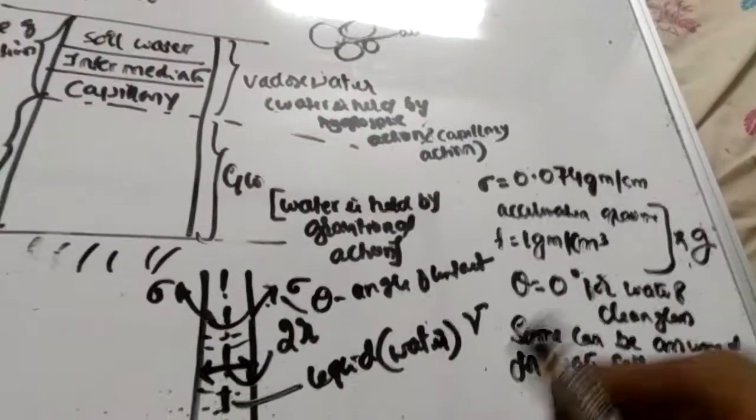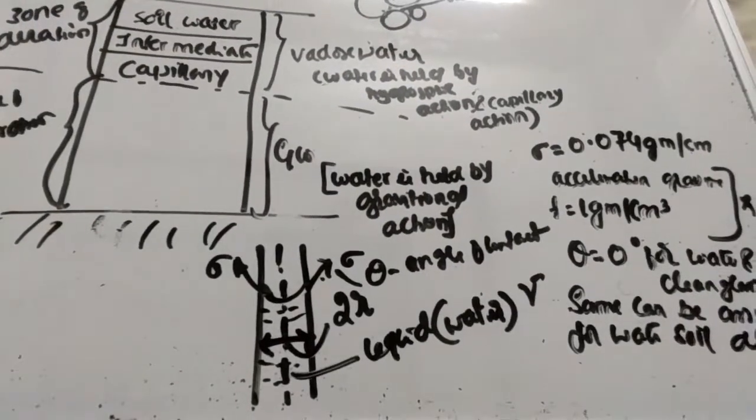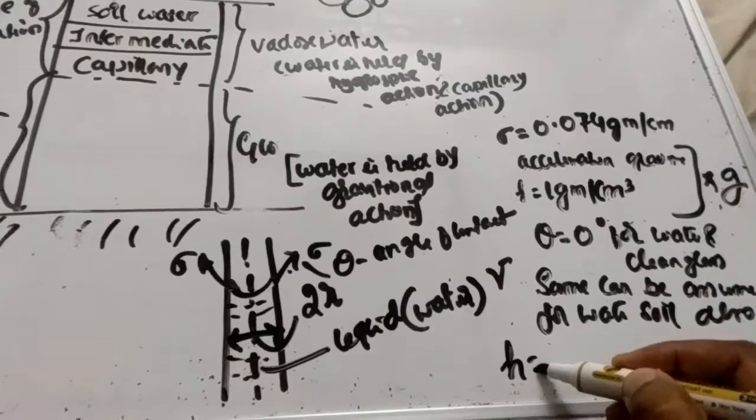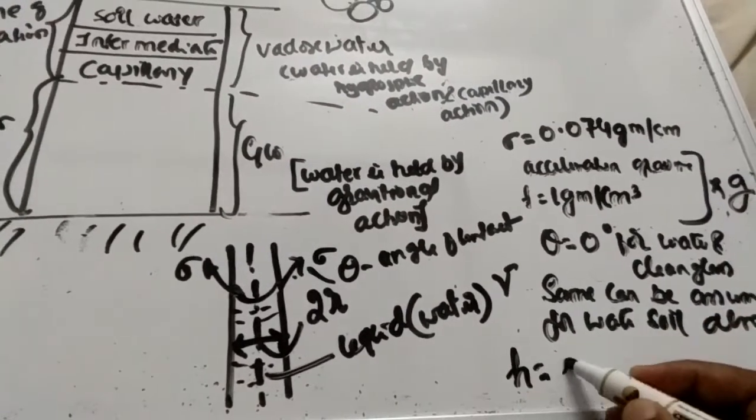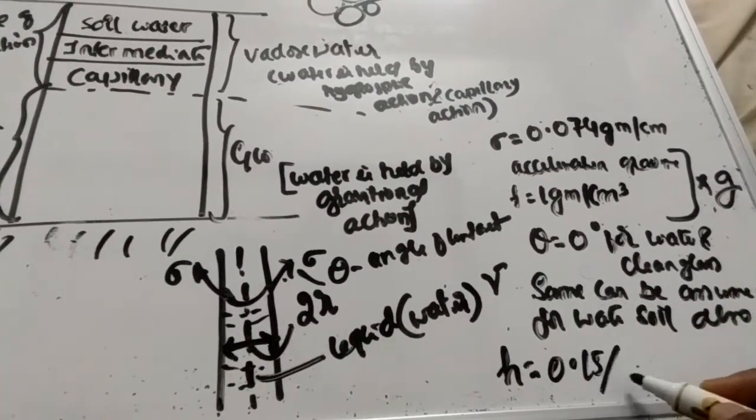Therefore, the expression for capillary rise h reduces to 0.15 divided by r.